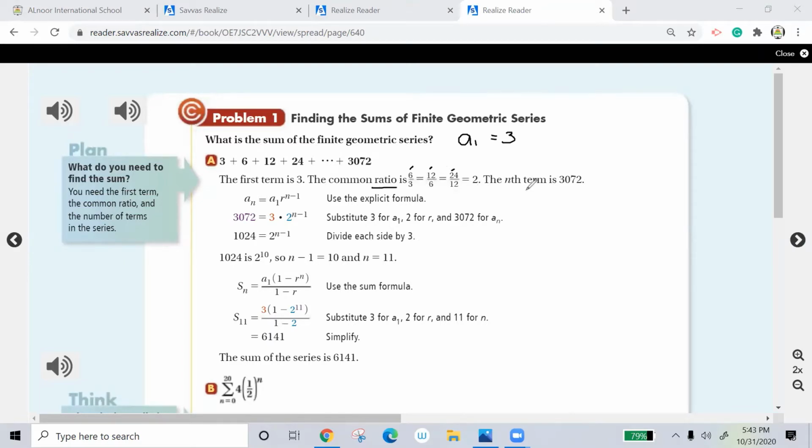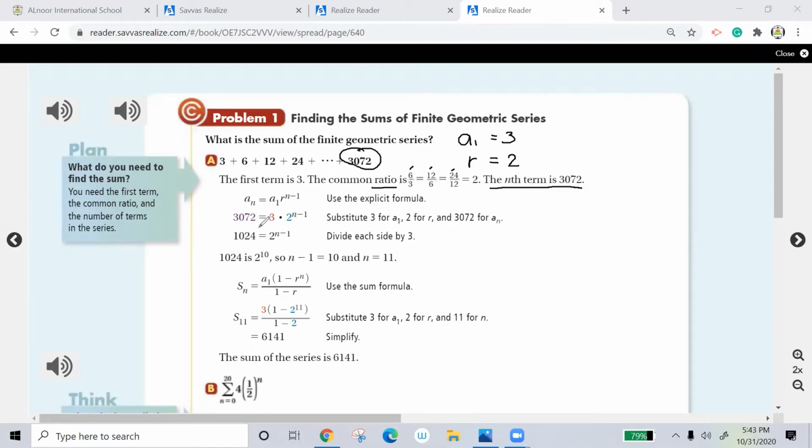So our common ratio is 2, and I will use R for our common ratio. What is our nth term? What is our last number from the series? We have 3072. So the nth term is 3072.